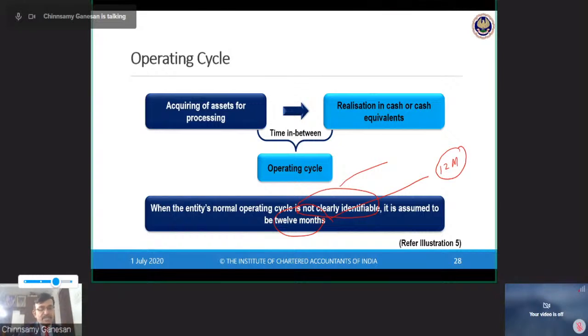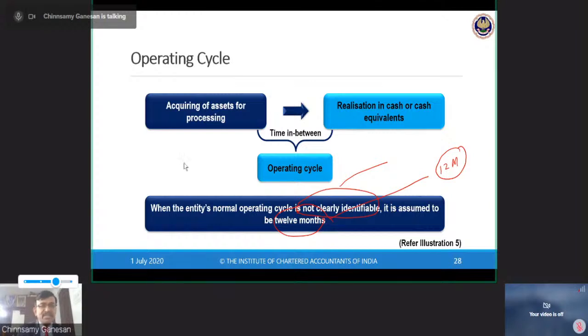Now you have seen that in our example we have put 14 months as the operating cycle. In some cases what may happen is it requires only 1 month raw material stock, 1 month finished product, 1 month WIP and 3 months of debtors. So 3 plus 1 plus 1 plus 1, so 6 months will be what you will consider as your operating cycle.